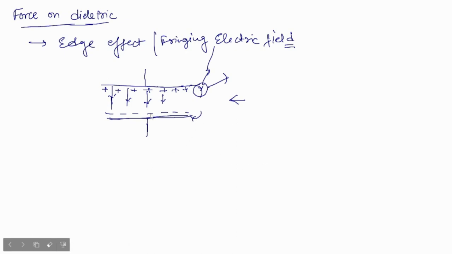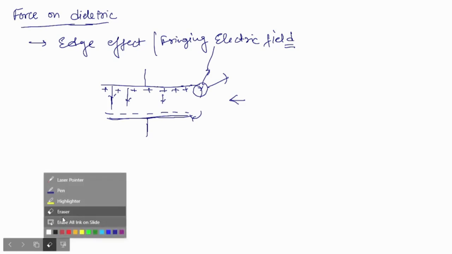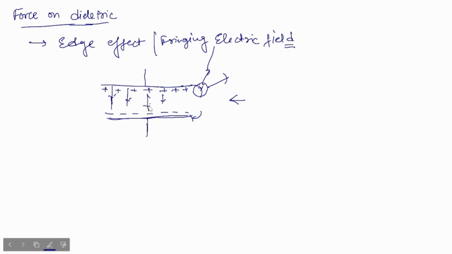Let me draw another diagram. This is your capacitor. This surface has positive charge, and the other surface has negative. You know that there will be a fringing electric field on this part, somewhat like this.